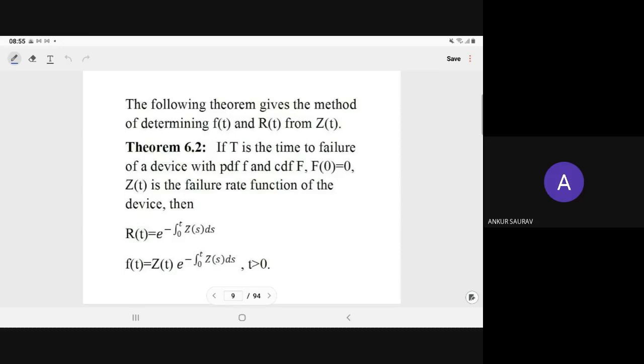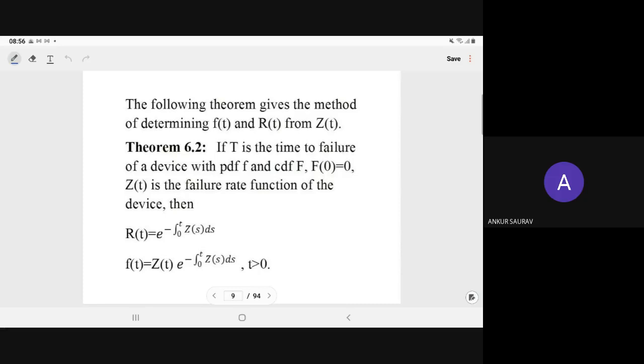If T is the time to failure, a continuous random variable of a device with probability density function and cumulative distribution function, small f and capital F, and we know that F(0) is equal to 0, and z(t) is the failure rate function of a device, means hazard rate function, instantaneous rate function, or conditional probability.